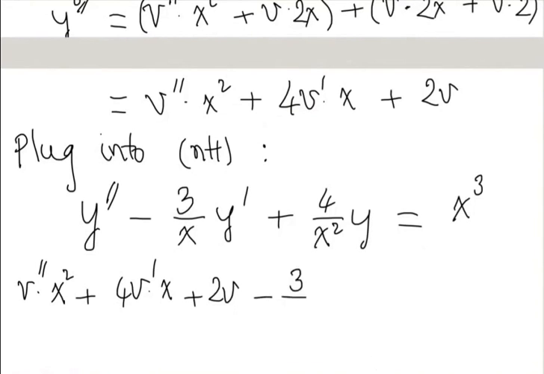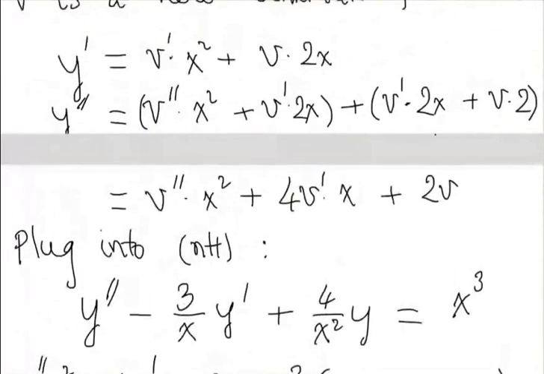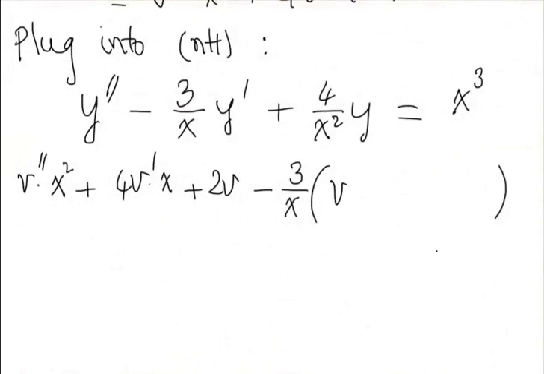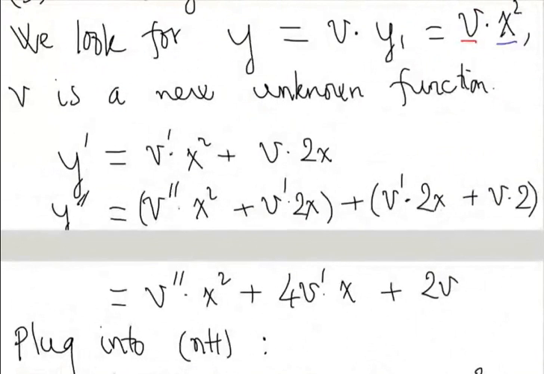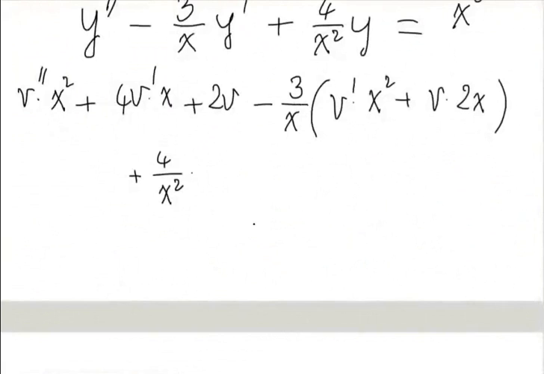And then minus 3 over x times the first derivative, which is v prime x squared plus v times 2x. And lastly, we have plus 4 over x squared times y. But y is vx squared, so we have vx squared. And on the right hand side, we have x cubed like before.